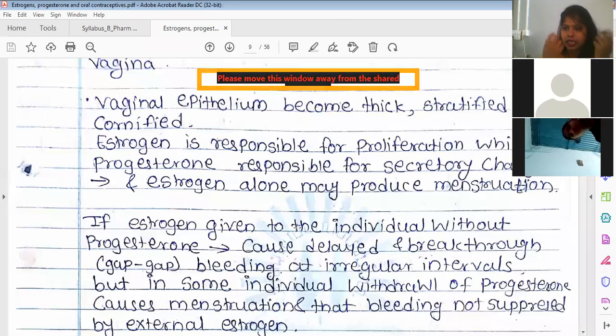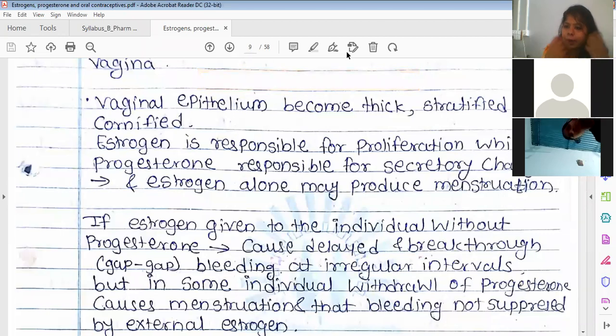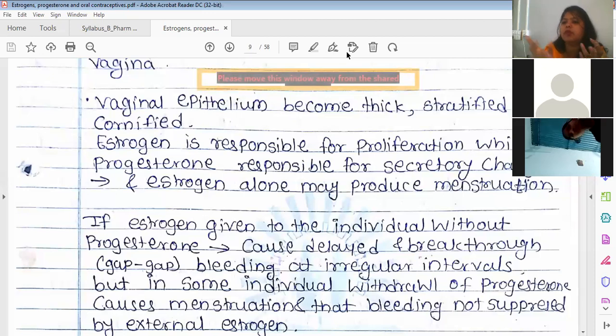The various secretions in the body, like menstrual secretion, are the responsibility of progesterone. The development changes, means development of the uterus, fallopian tube and endometrium, are where estrogen plays the role.